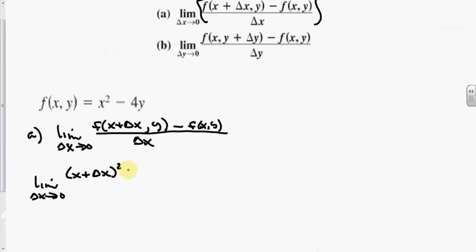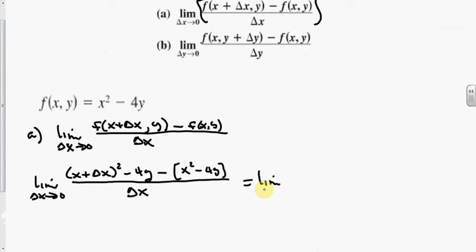That's (x plus delta x) squared minus 4y, which is f of x plus delta x comma y. Then minus f of x, y, that's minus the quantity x squared minus 4y, all over delta x.